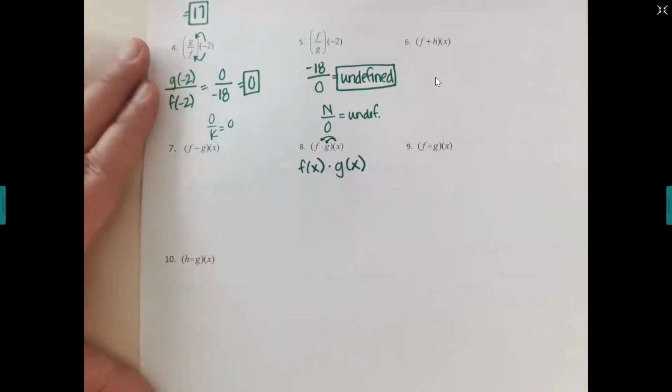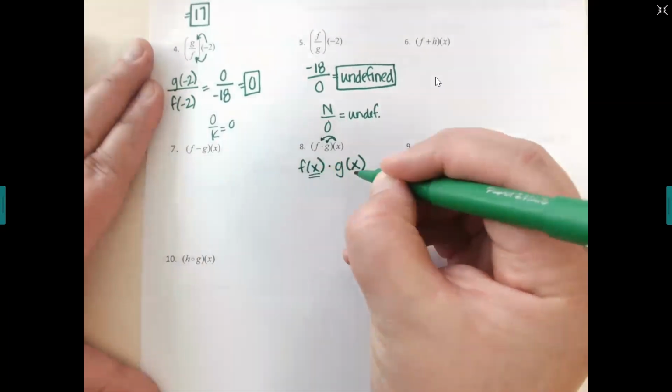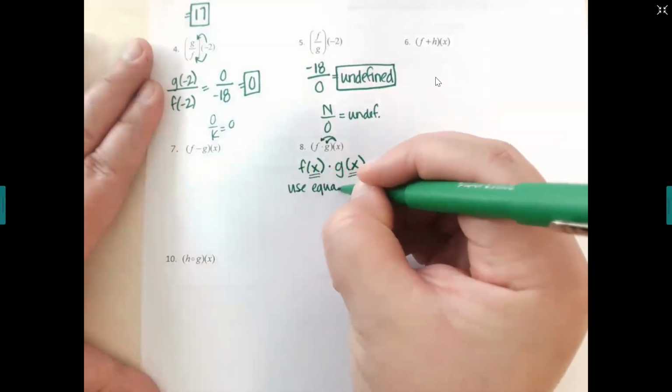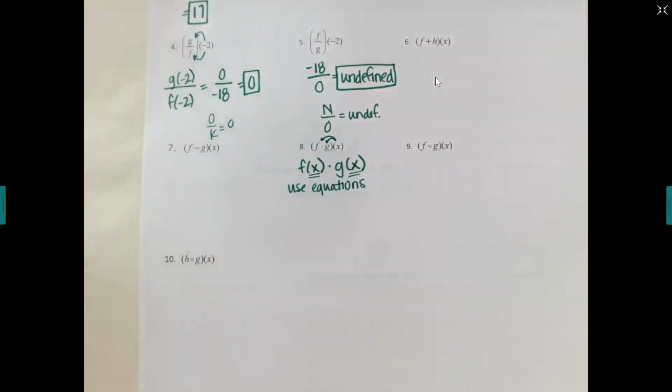And that's a multiplication in the middle. So what that means is, if this is still an x, I'm going to use the equations, not plug in a specific number. That was also in your notes last time. So what is the equation for f of x? Go back and read it to me, please.